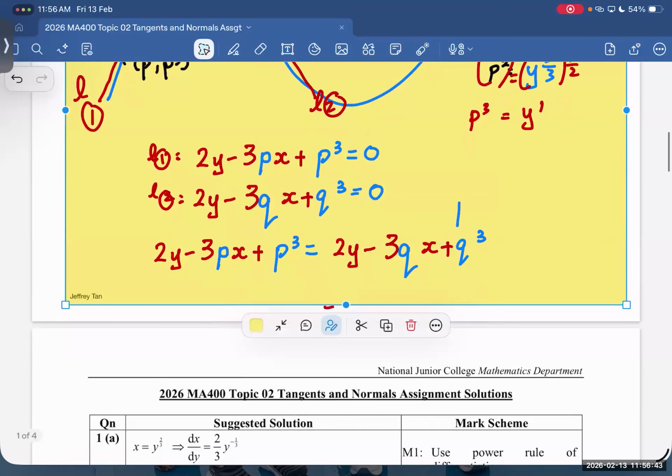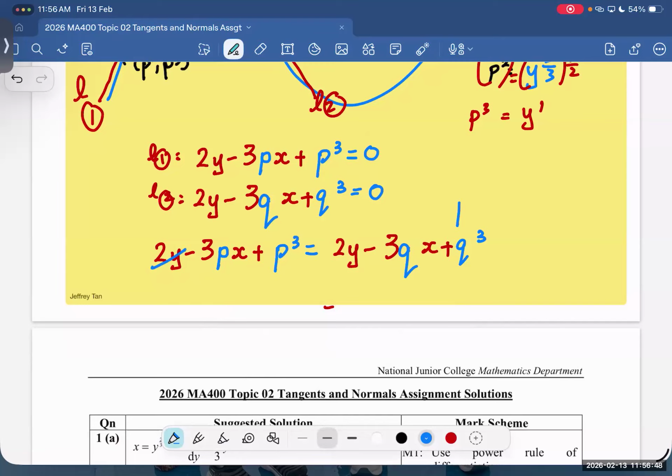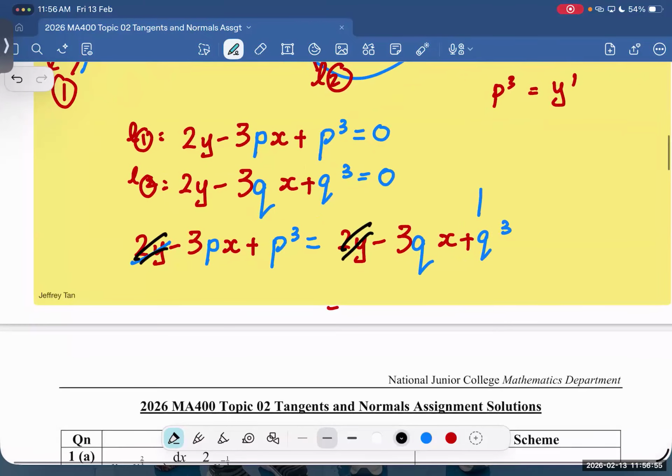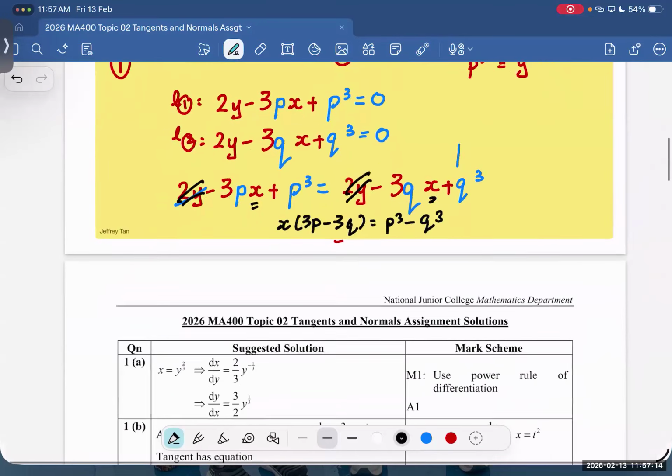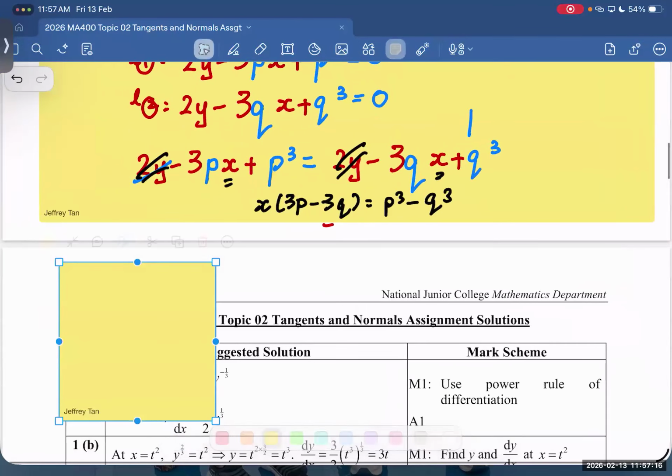Cancel. Is it okay? You have 2y and 2y, we both take out. You have x, I have x. I put one side. Can I say it looks something like x times 3p minus 3q on the left, and on the right hand side it is pq minus q cubed? You understand?